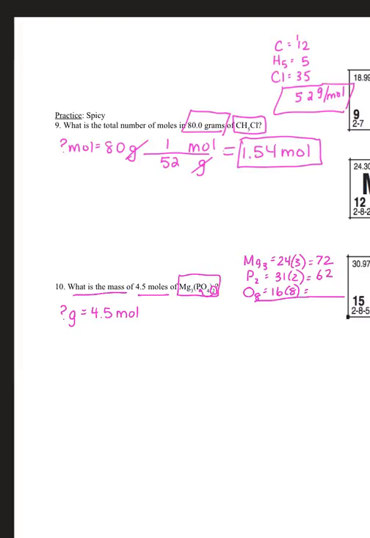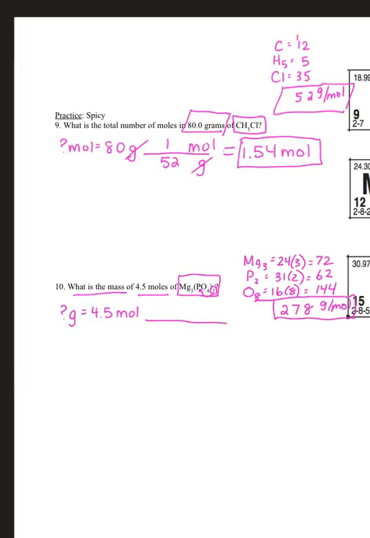And 16 times 8 is equal to 144. Now let's total these up. 144 plus 62 plus 72 is equal to 278 grams per mole. This is the conversion factor.